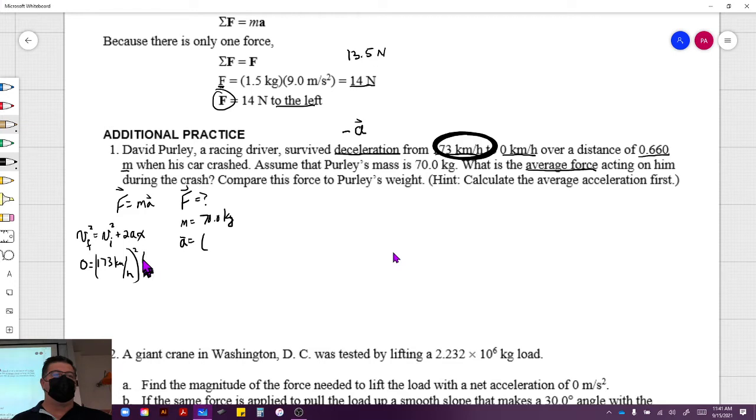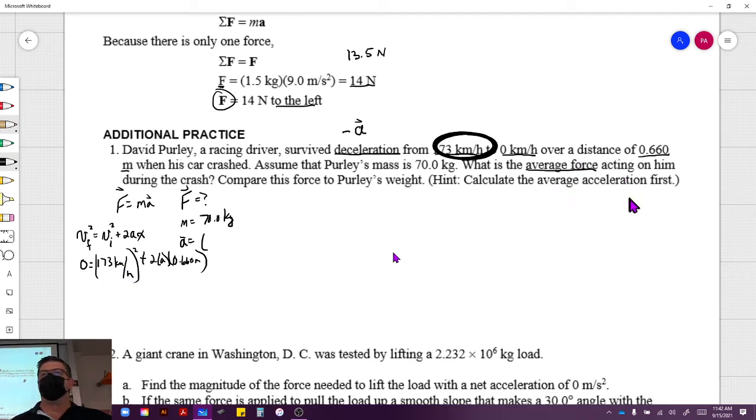And that is equal, and to that we add 2 times our acceleration times our change in distance, which was 0.660 meters. Okay, we have a bit of a problem here, though. Kilometers per hour, we need to convert this to something that we can manipulate. We need to convert this to meters per second.